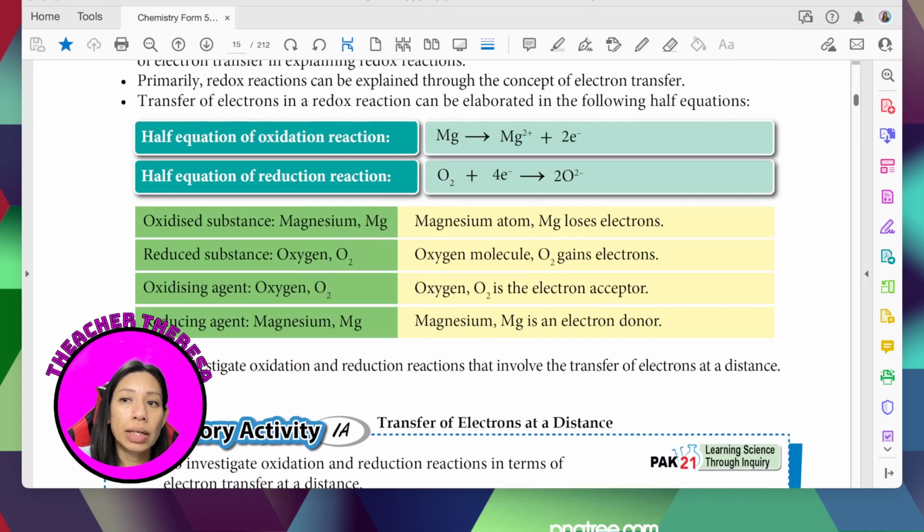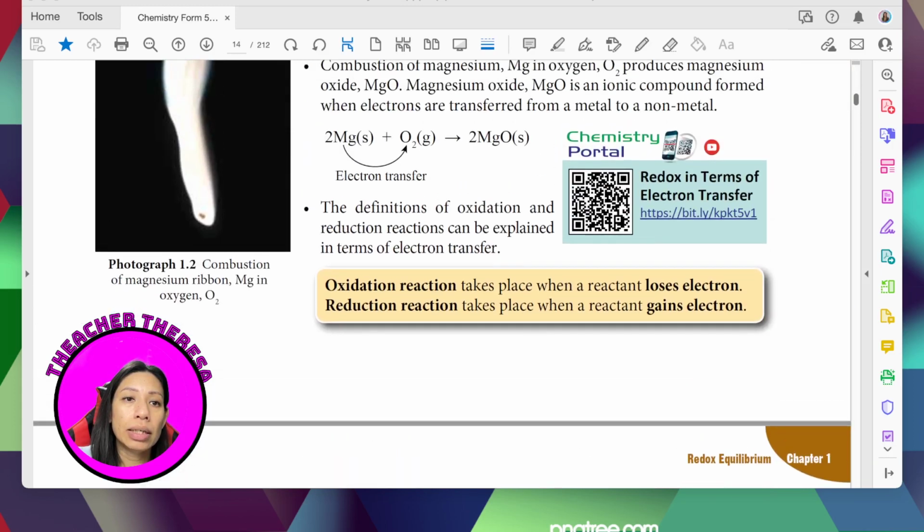So let's look at this equation first. Initially, what we see is a reaction between magnesium metal and oxygen, and you get magnesium oxide. If you want to explain in terms of gaining and losing oxygen, you are not able to do that, because if you look at this equation, magnesium is the one going to gain oxygen, but where is the loss of oxygen?